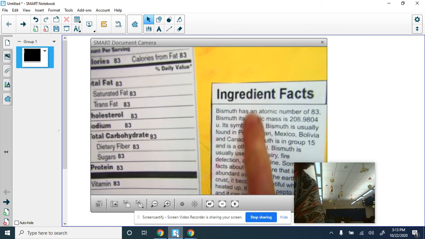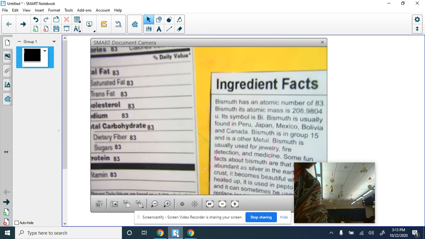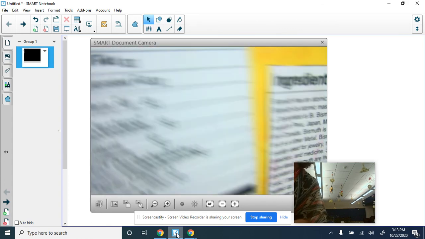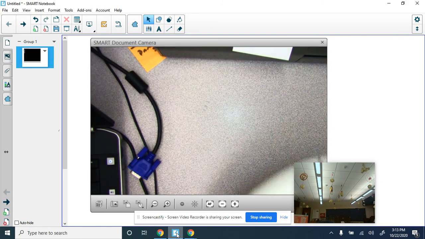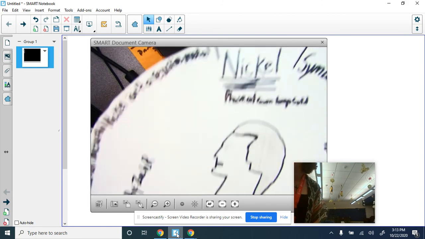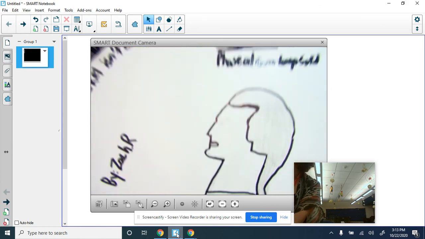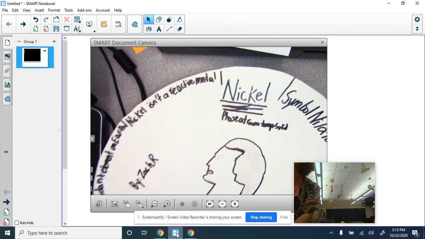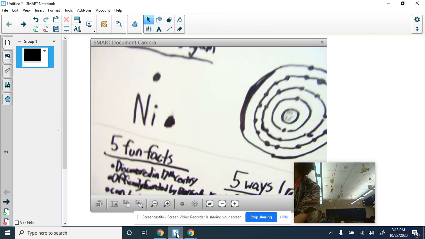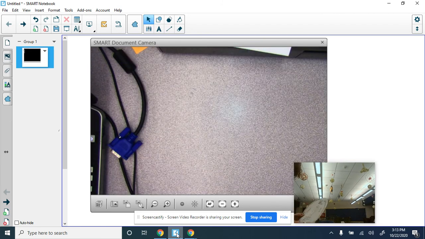Over here, the ingredients, a little description about him and how he relates to it. I have nickel. The student related himself to nickel. If you're going to do something like this, just make sure it's not a perfect circle. Use something to make it into a circle. But all the information and facts, I thought this was pretty creative.